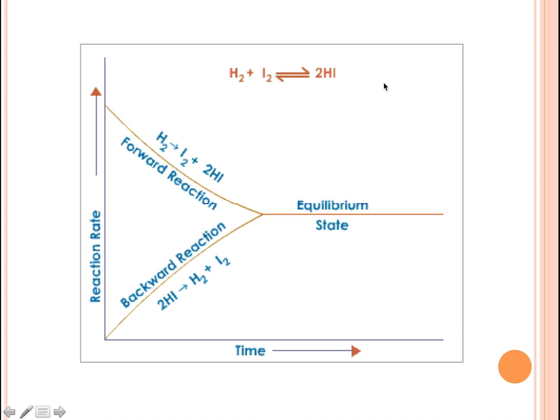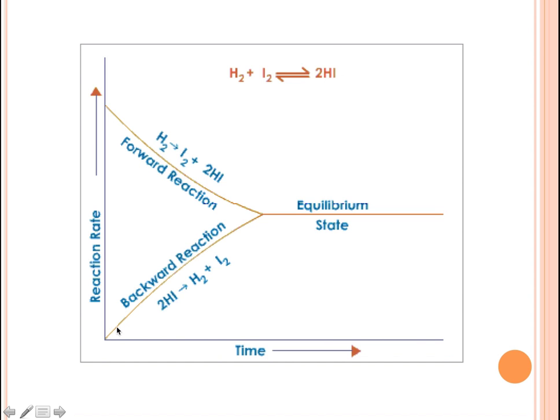Okay? Reaching equilibrium, we'd see a graph that looks like this. So, this is our reaction rate. These are the reactants for our forward reaction here. They start with a really high reaction rate, and as the reaction proceeds, their rate of reaction falls because the concentration falls.